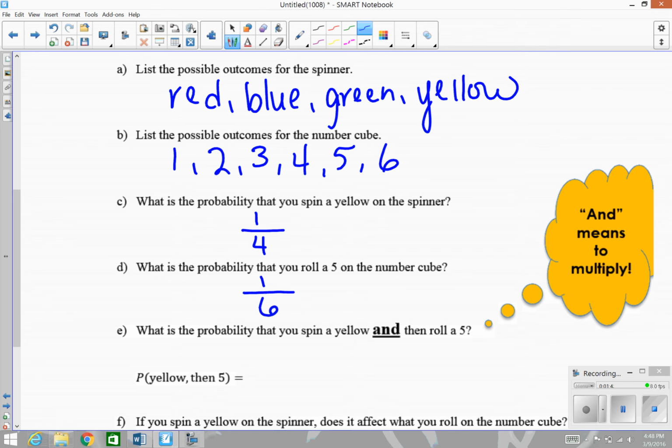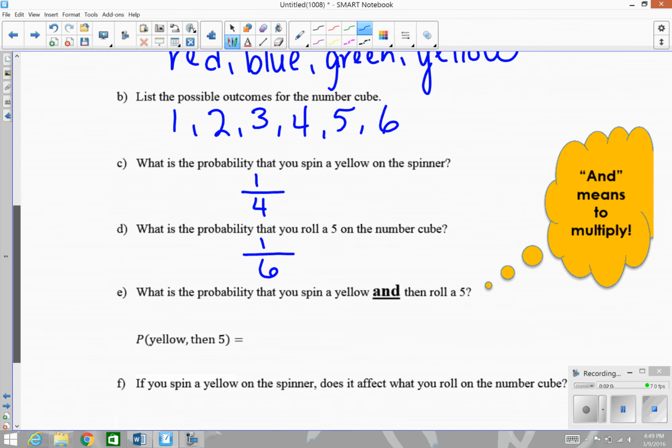Then it says, what is the probability that you spin a yellow and then roll a 5? Okay, so it's combining the two events. If you remember, when you have more than one event, more than one thing happening, we call it a compound event, just like when we did tree diagrams.